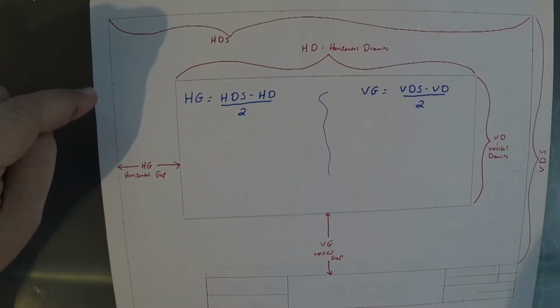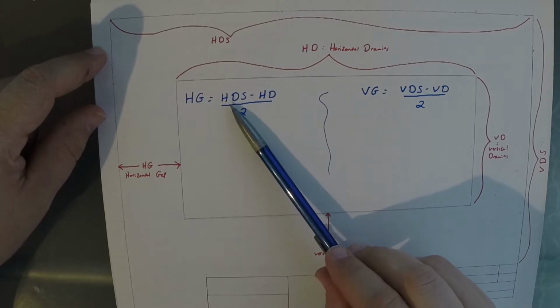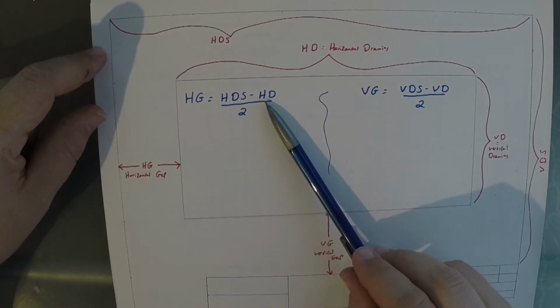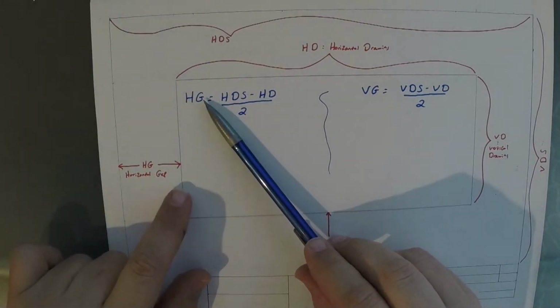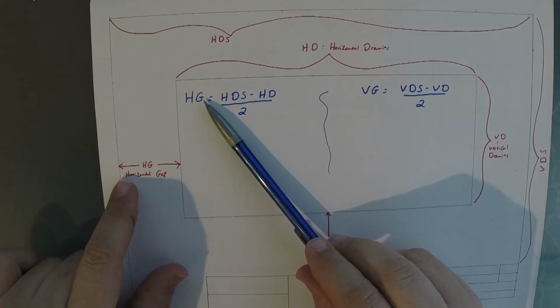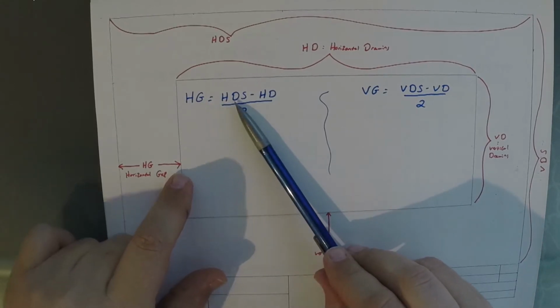The formula we're going to be using is the horizontal gap is equal to the horizontal drawing space minus the horizontal drawing, divided by 2. HG is your horizontal gap, which is the distance from the title block to the drawing, and that's what we're going to be solving for in this formula.